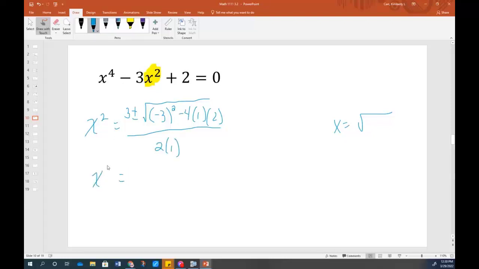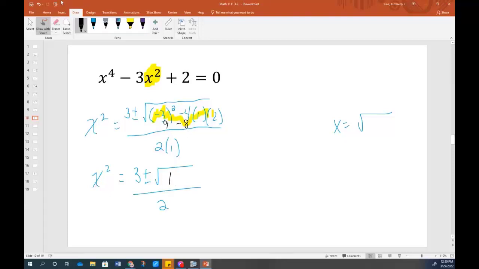So this is x squared equals 3 plus or minus the square root of, and it's going to be over 2, because don't forget, I need to go back in there and calculate the discriminant first before I try to do the rest of the math. So that's going to be 9 minus 8. So that's going to be the square root of 1.